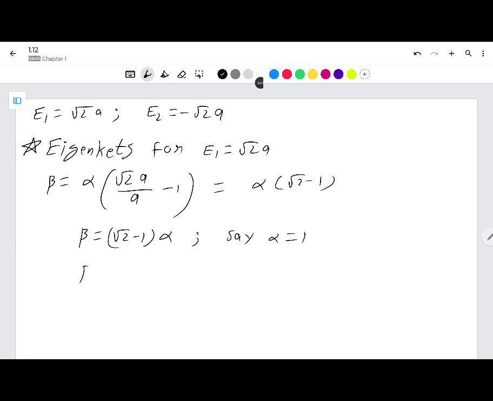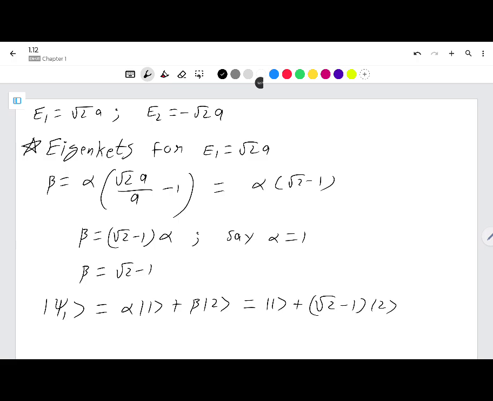So that makes beta just root 2 minus 1. Let's say I name it the first eigenstate. It was alpha times |1> plus beta times |2>. So we have fixed alpha to 1, and beta is root 2 minus 1.